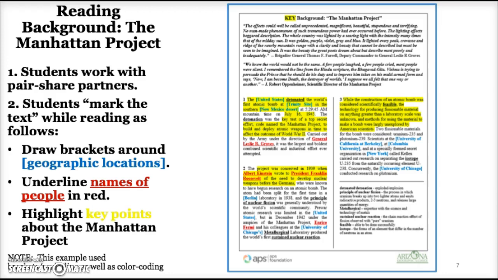In this case, it's all done in blue, and there's also brackets used, just in case there's an overlap. And then you can underline key people or highlight key people in red with an underline. So you can start organizing information to see who was involved with this Manhattan Project component, where it was located, and what the key points about that were.